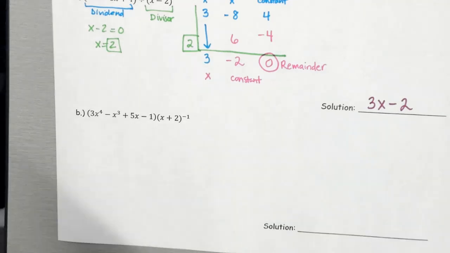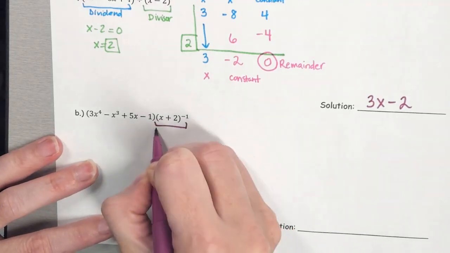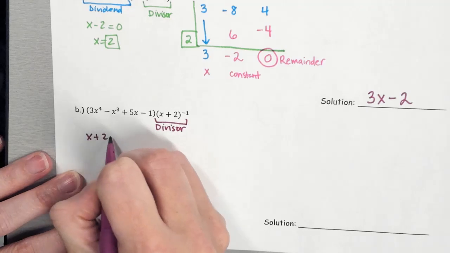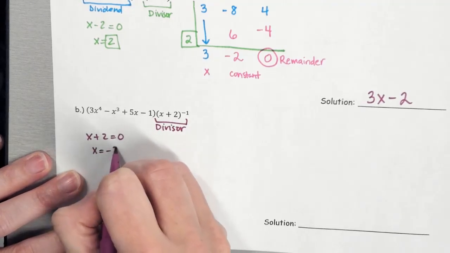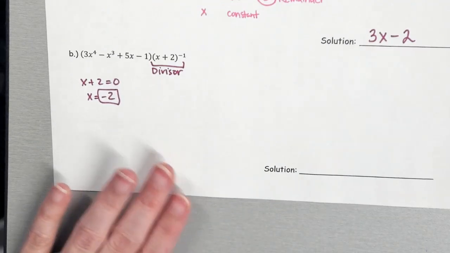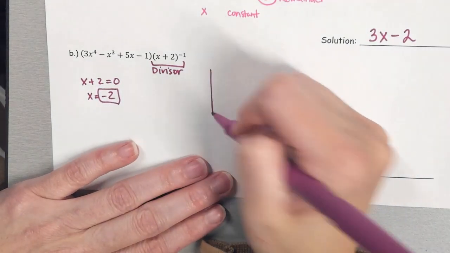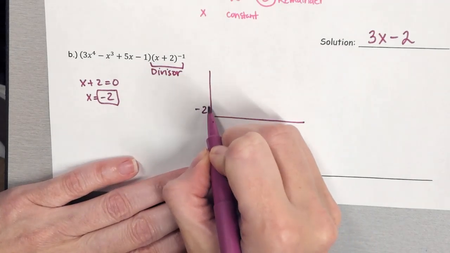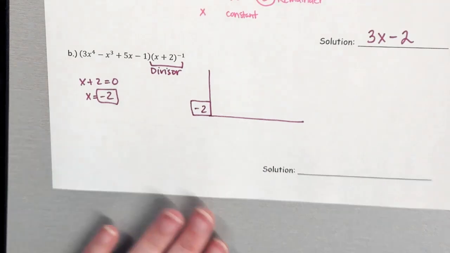Okay, so you have your divisor. Your first step is always just going to be to set that equal to 0 and solve. Okay, so then your negative 2 is going to go here.